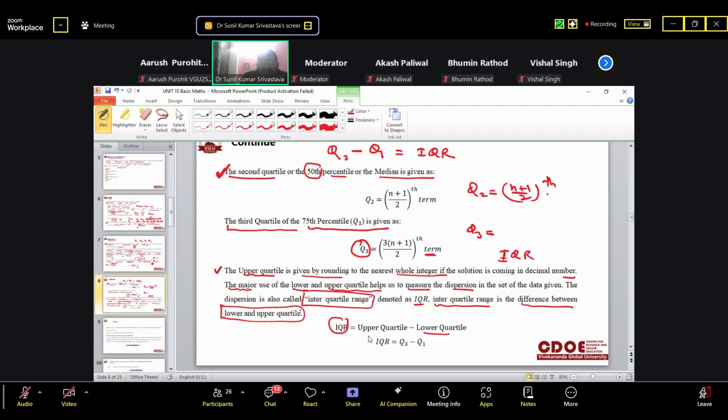So we have given all the definitions: Q1 is the (n plus 1) by 4th term of the given observations, Q2 is the (n plus 1) by 2th term, the 50th percentile, and the third quartile Q3 is the 3(n plus 1) by 4th term of the given observations when the data set is in ascending order.